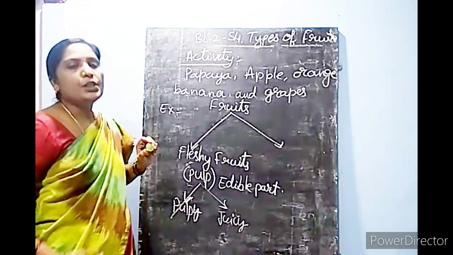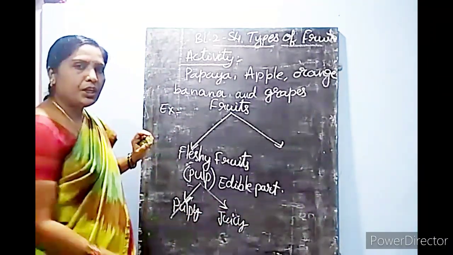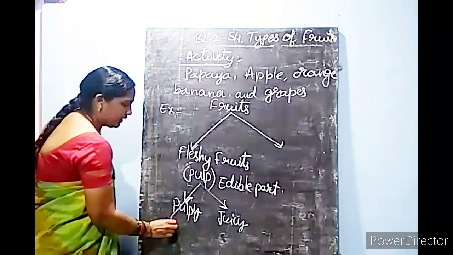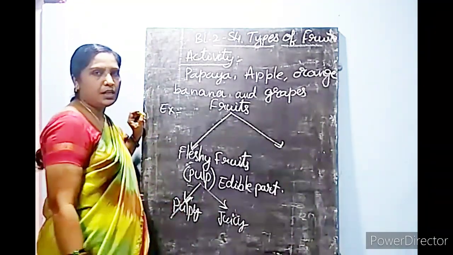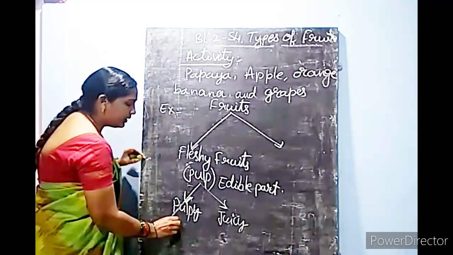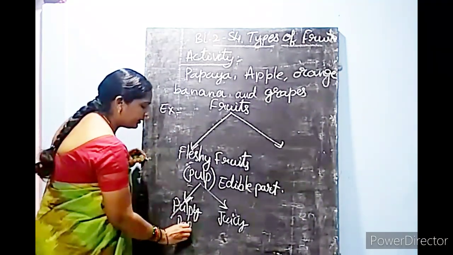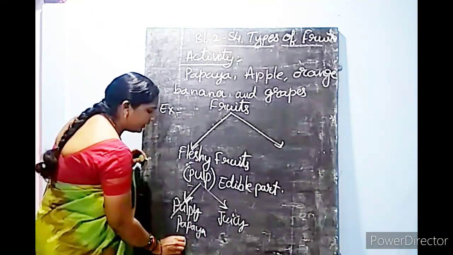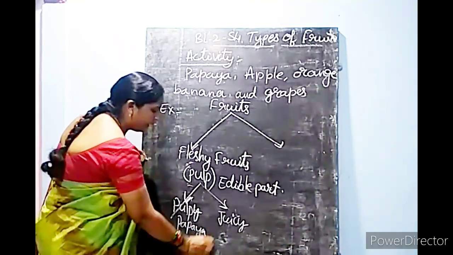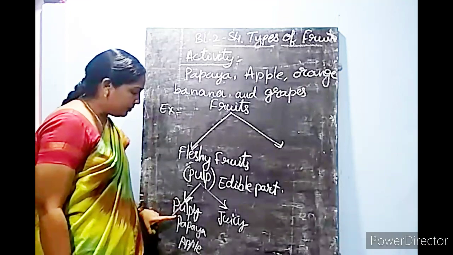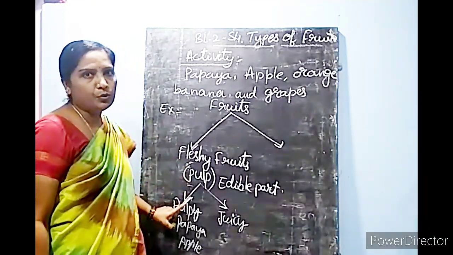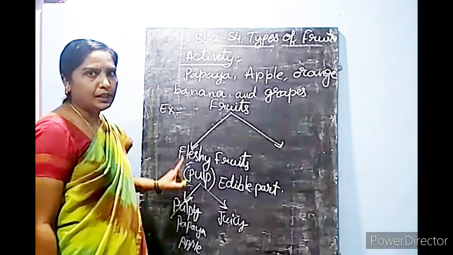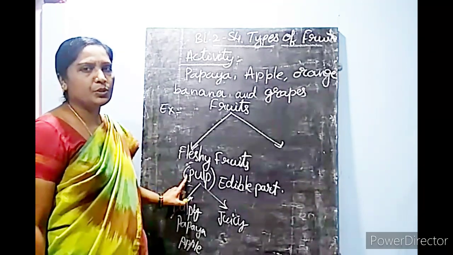Pulpy fruits and juicy fruits. So here papaya is coming under pulpy or juicy? It's coming under pulpy fruit. Apple comes under pulpy fruit. That means they are fleshy fruits. They both are coming under the fleshy fruits group.